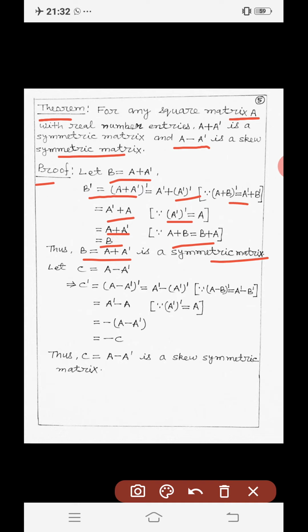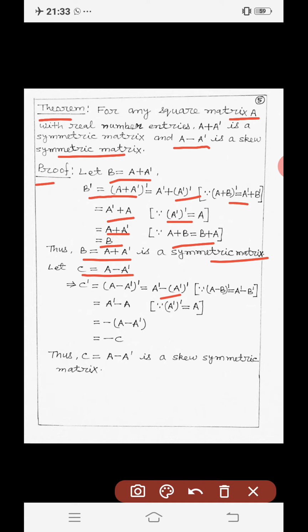Again, let C be equal to A minus A transpose. Then C transpose equal to (A minus A transpose) whole transpose equal to A transpose minus transpose of A transpose.